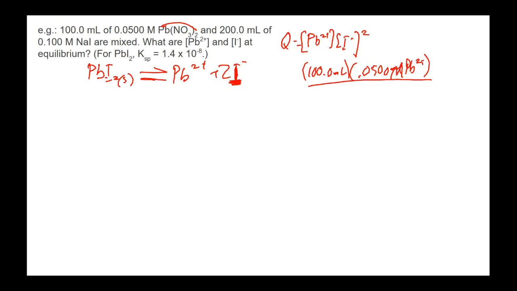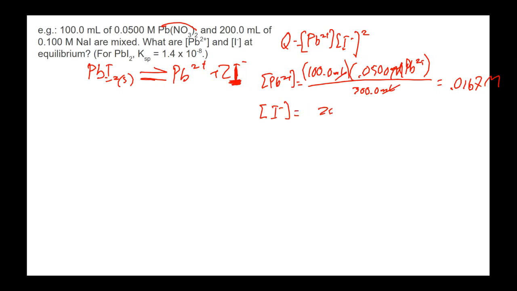And then when we mix these solutions together, we're going to have 100 plus 200, which is 300 milliliters. So this gives us the concentration of Pb2+ in this mixture in moles per liter. And when we calculate that out, we get 0.0167 molar. We can do the same kind of calculation for the I- concentration.